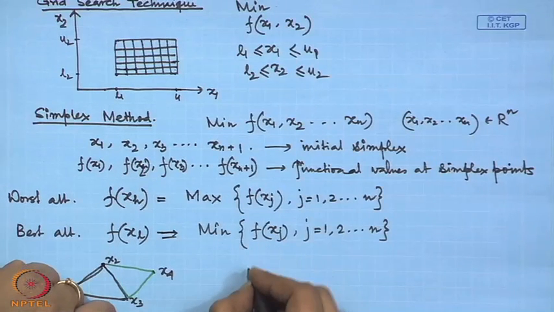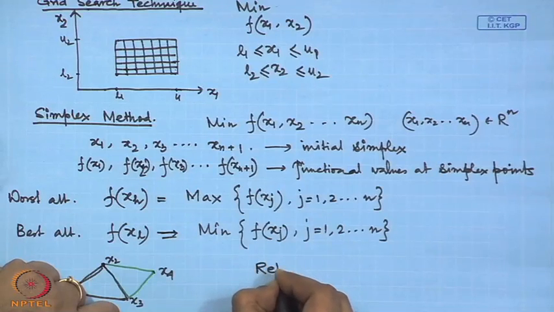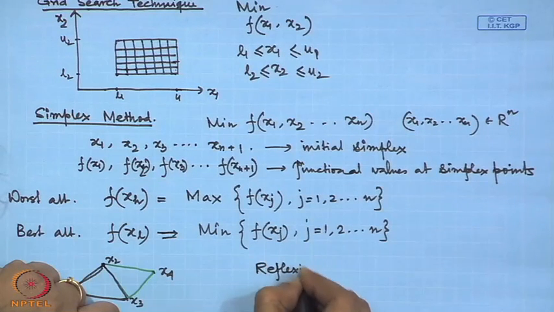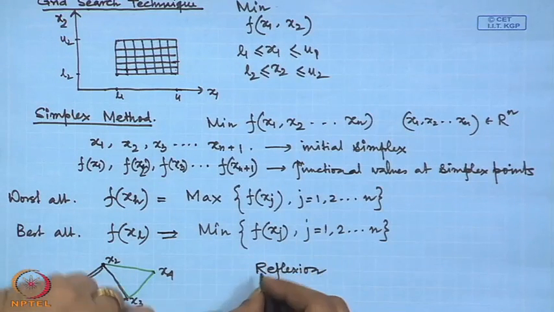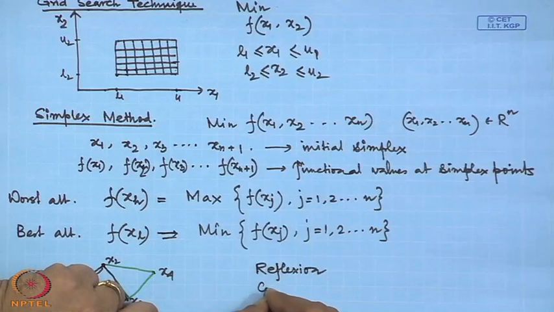First operation is the reflection operation. Second is the contraction. And another operation is the expansion operation.